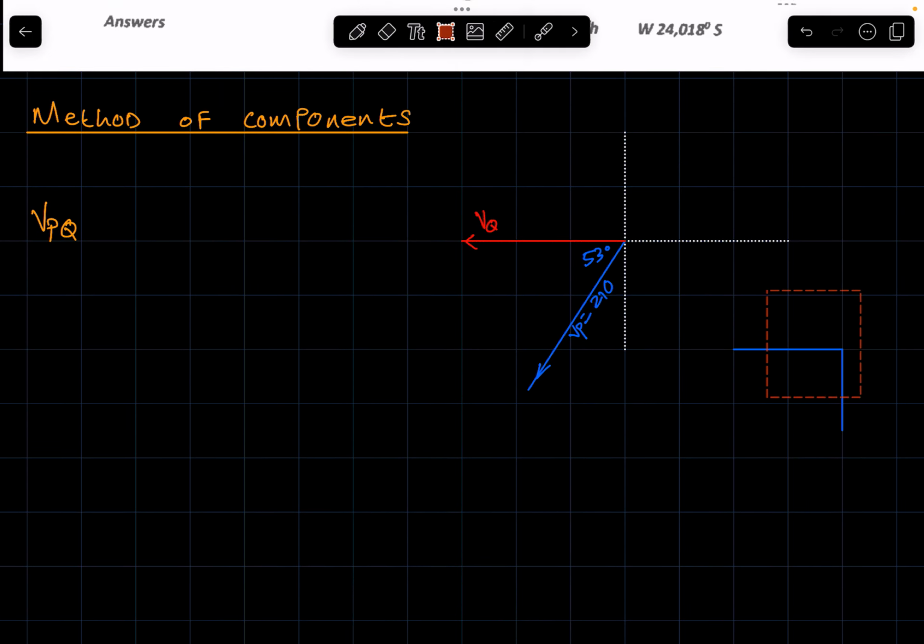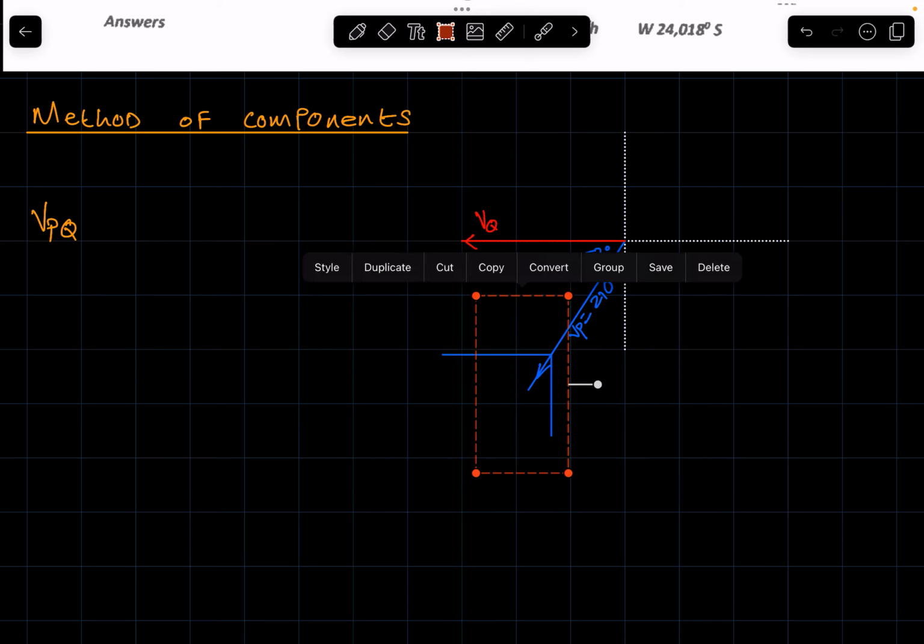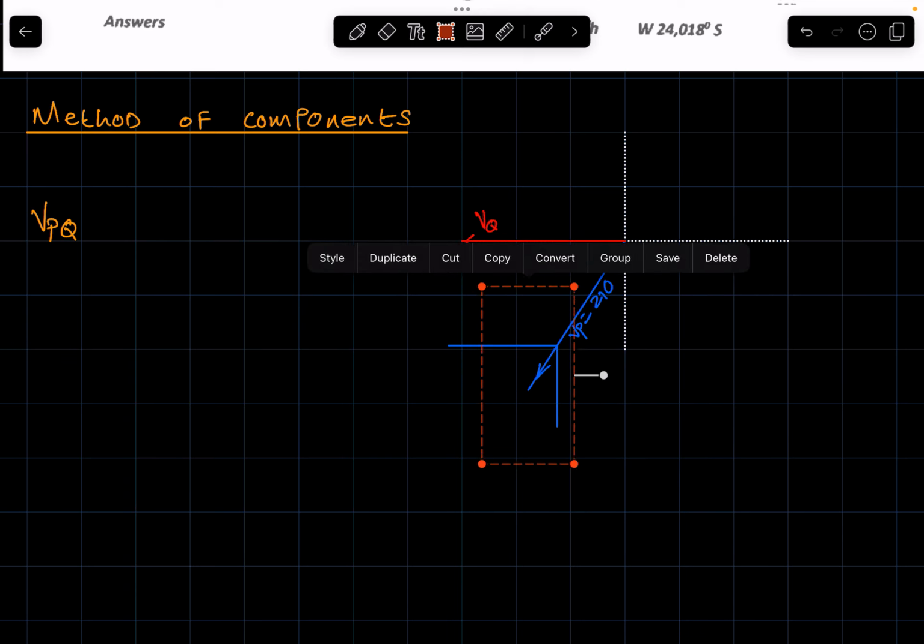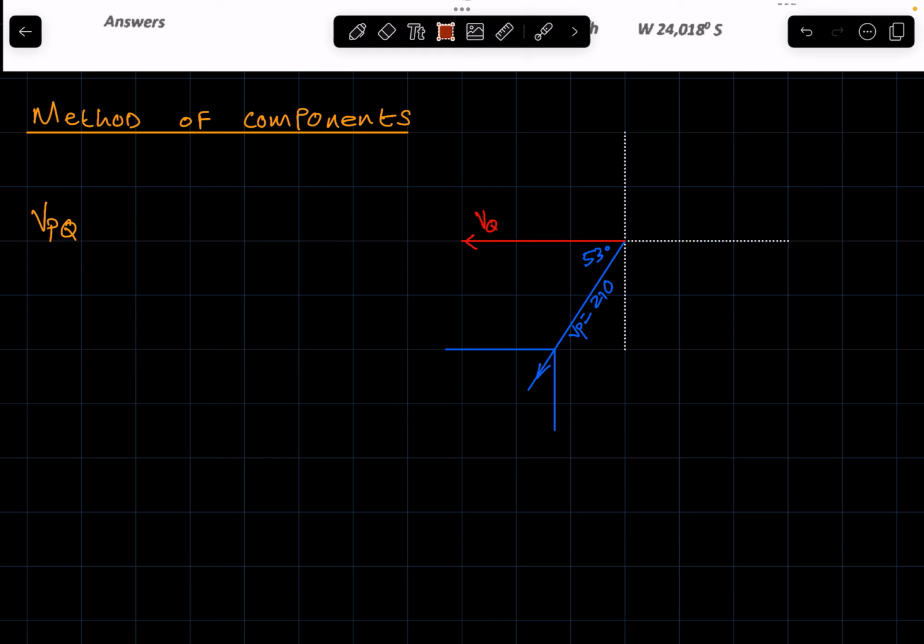At this point, you should know how to resolve an oblique vector, but just in case you've forgotten: you have this vector going in this direction, and its components must be going towards the same direction.